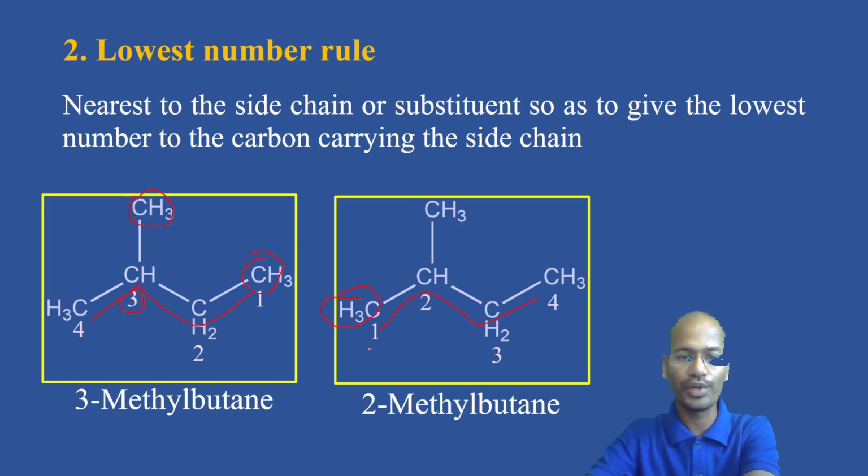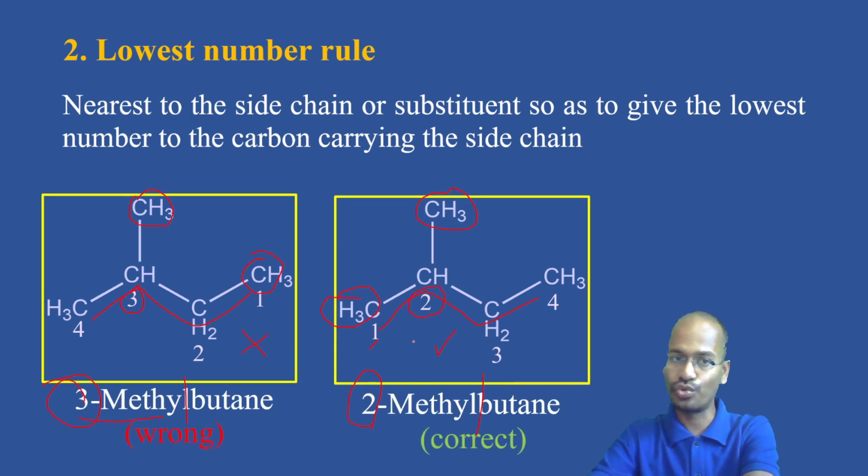If you are starting numbering from here, the substituent was given second number. So the substituent should be given the least possible number. So as per this rule, this is correct and this is wrong. That is 3-methylbutane is a wrong type of representation, and 2-methylbutane is a correct type of representation. So that's what we can see here.